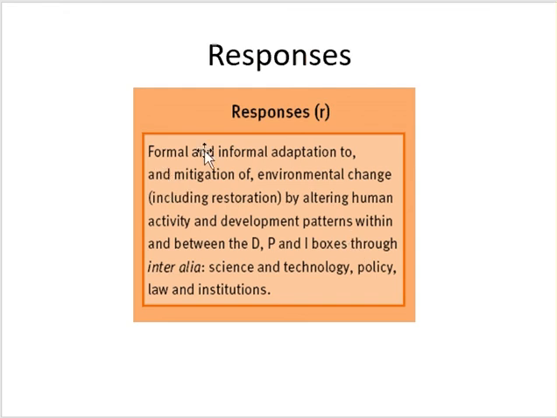So these responses are formal and informal adaptation to or mitigation of environmental change by altering human activity and development patterns in between the DP and I boxes, and doing things with science and technology, policy, law, and institutions to help try and relieve, first of all, some of the drivers, and then some of the pressures, and then improve some of the states by improving the trends.